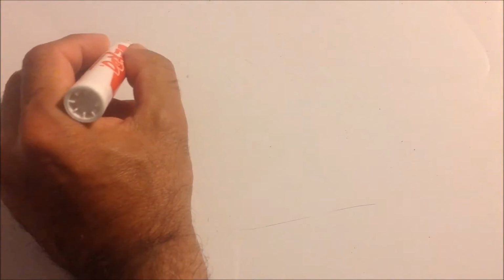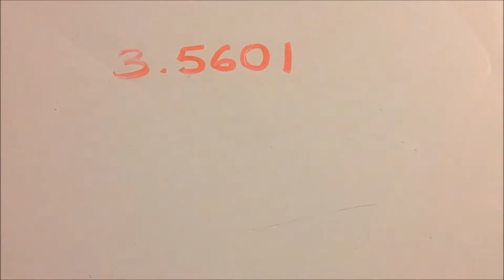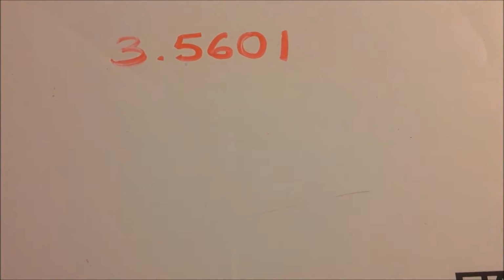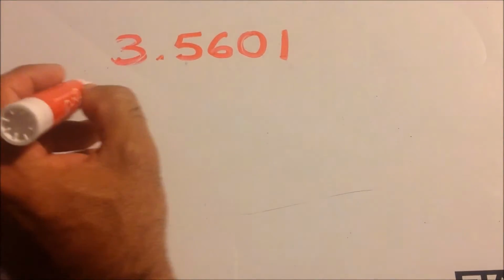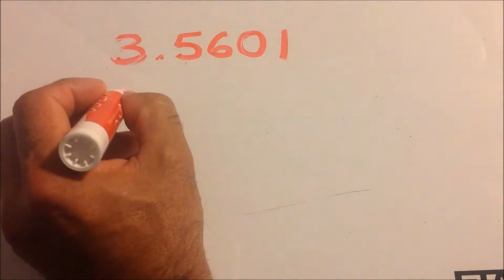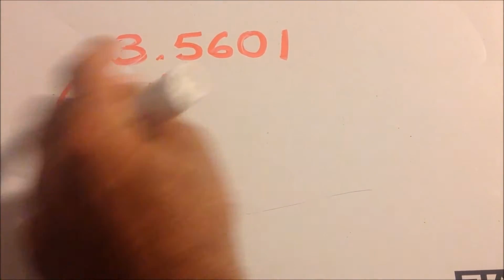So last video, we were talking about expanded form. So let's do the same number, and we'll add a few digits. So let's expand this. This is the number in standard form. So let's expand it. We know we can do 3 times 1 because that's in the ones place.